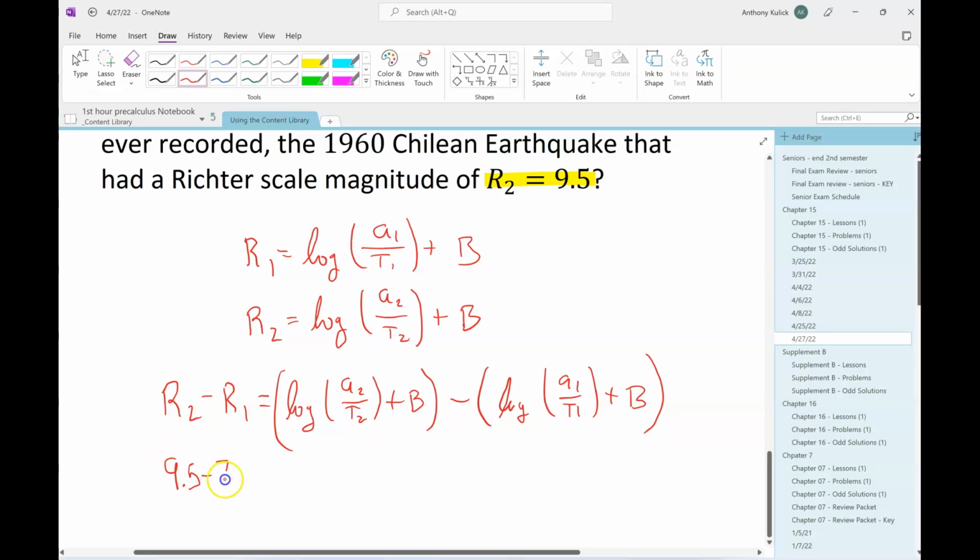So R2 was 9.5 and R1 was 7.5. And when I distribute my negative through, I get that.